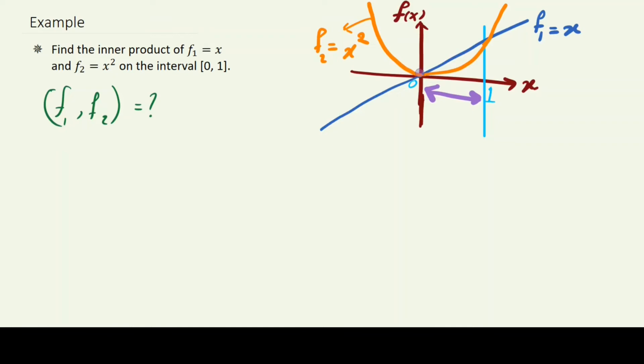We just need to multiply f1 and f2 and find the integral of that product over the interval 0 to 1.